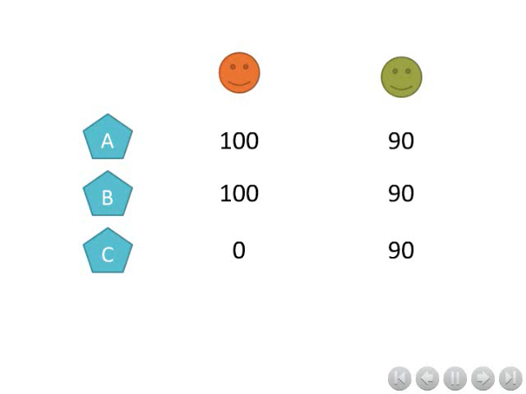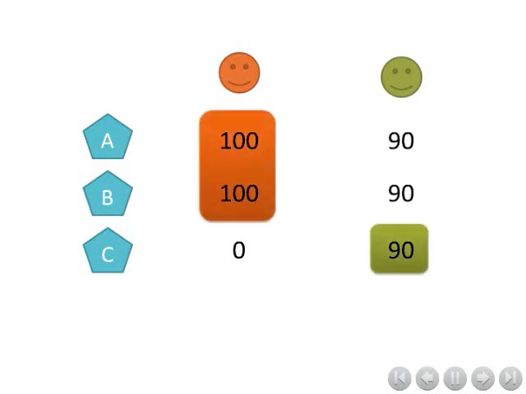Voter C, however, hates the orange candidate, but he really likes the green candidate as well. In a caveman election, the orange candidate would win, since A and B's 2 votes for their first choice of orange is more than the single green first choice vote coming from C. In a range vote election, however, where overall happiness is maximized, green wins 270 to 200.